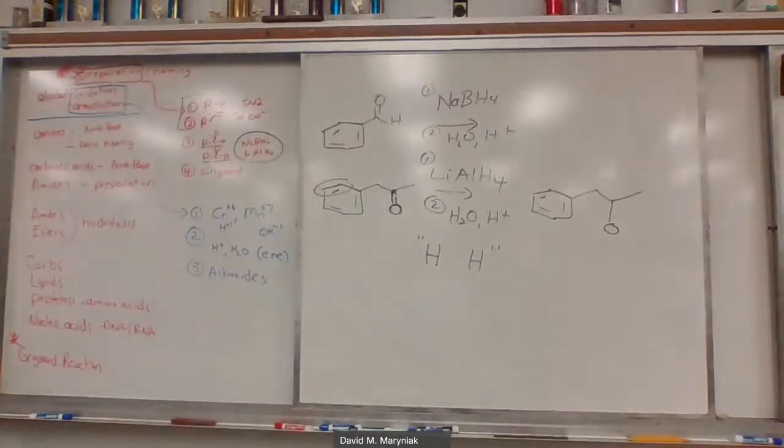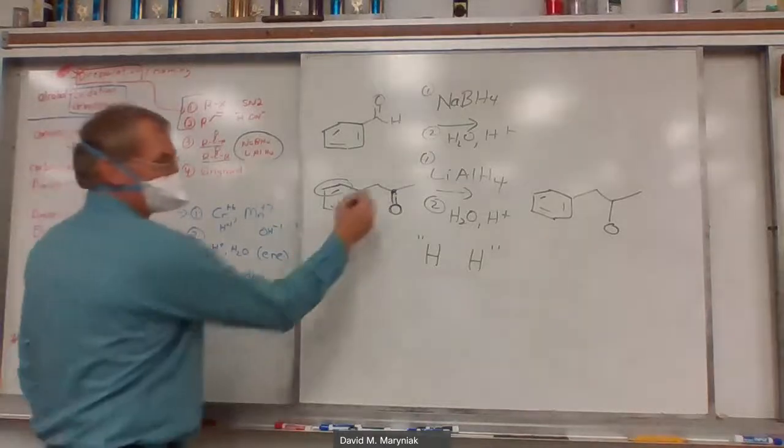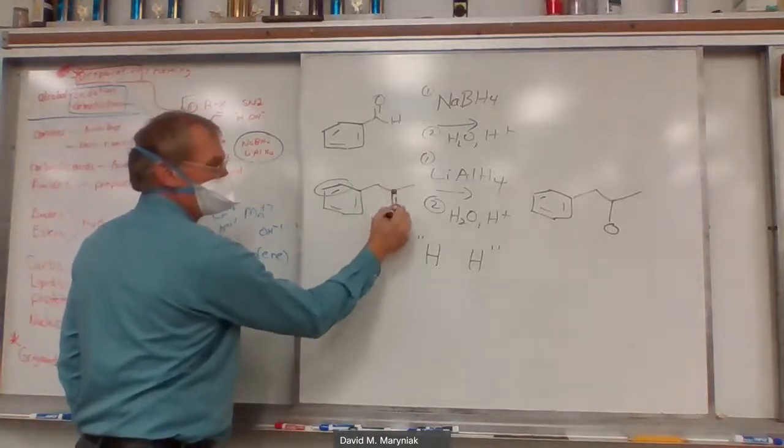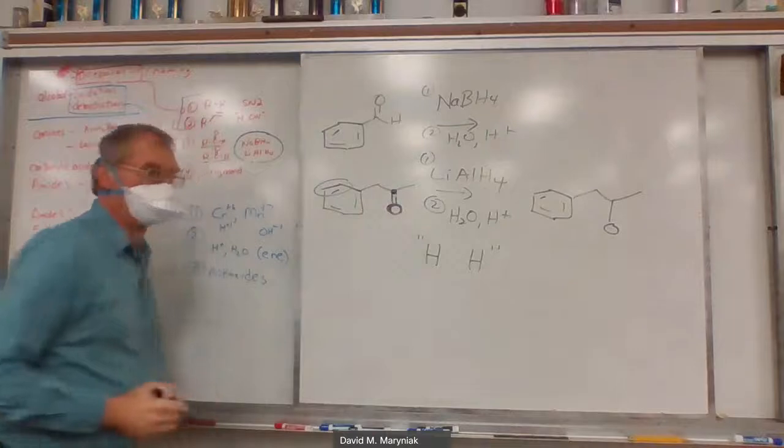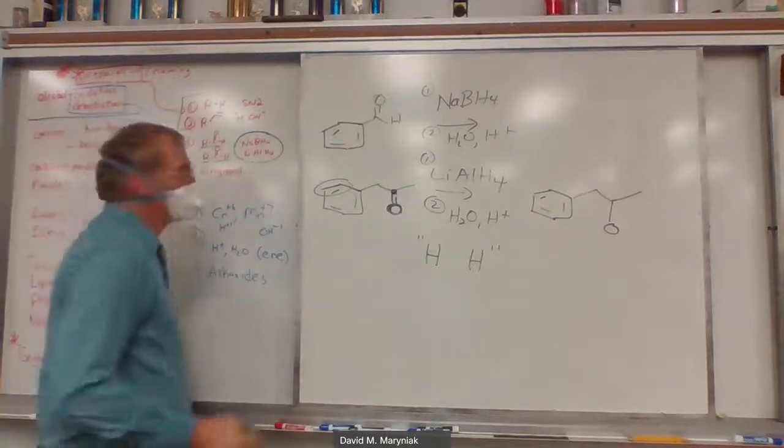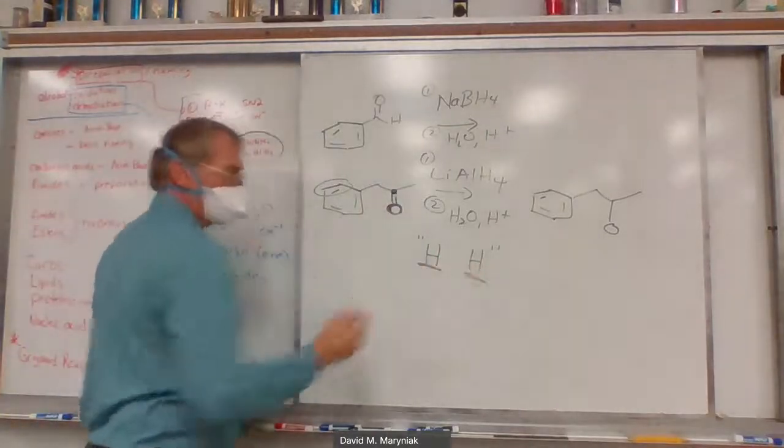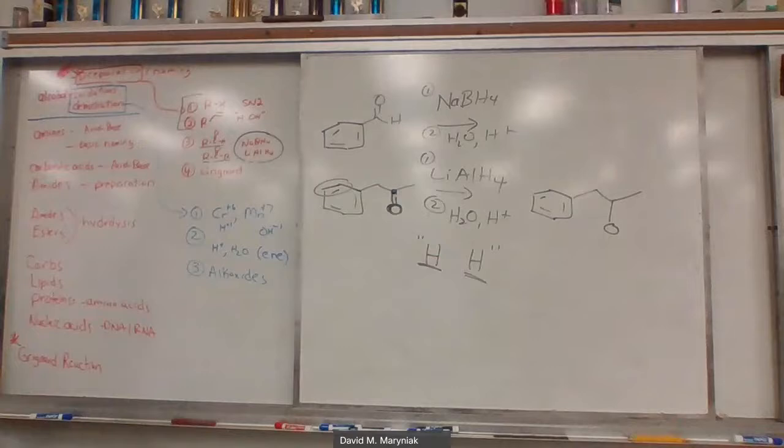And then you ask yourself, what do I add to the C there, and what do I add to the O? And life is easy, because what do you add to the C? H. What do you add to the O? H. So does it matter which one gets which?